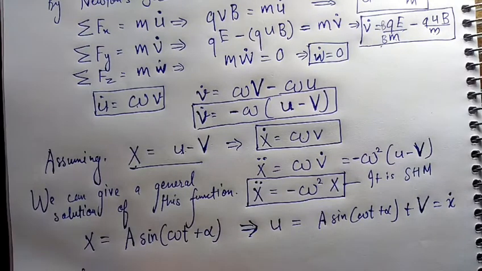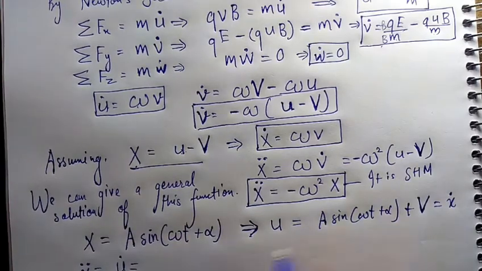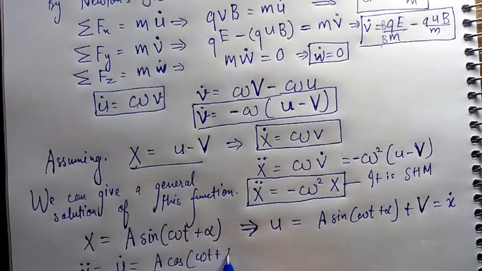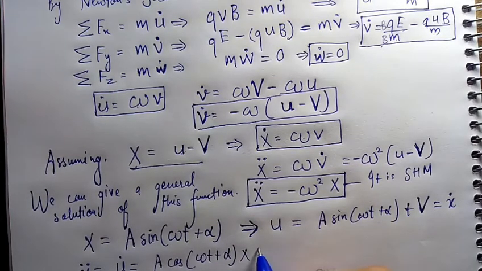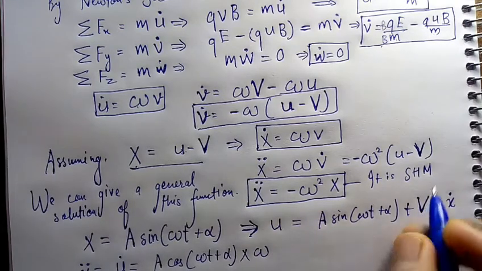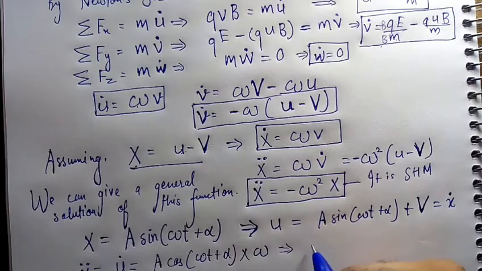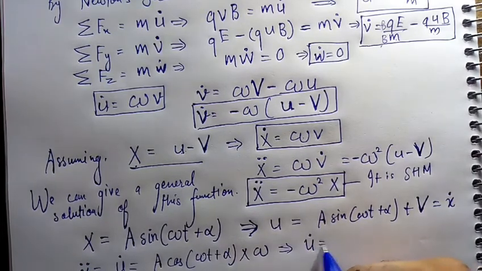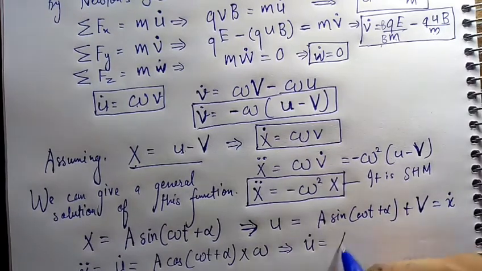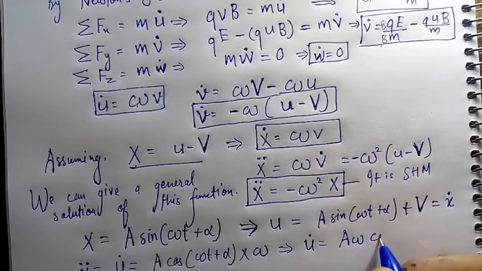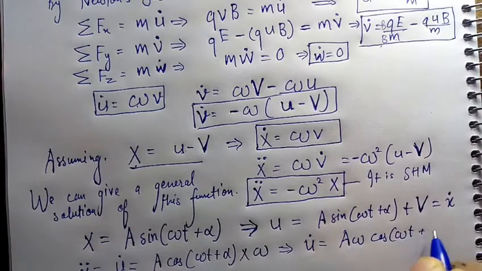So x double dot or u dot can be written as a cos of omega t plus alpha times omega. This is going to get cancelled. Again, u dot or x double dot is a omega cos of omega t plus alpha.